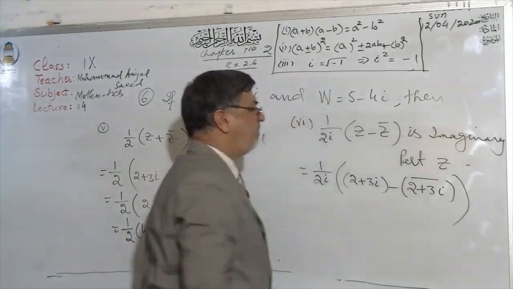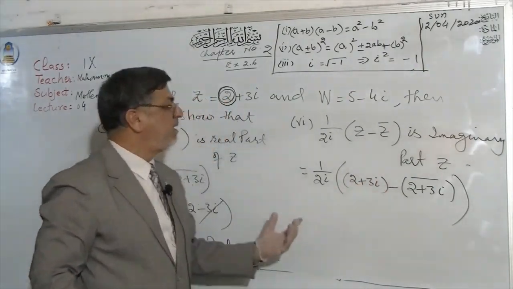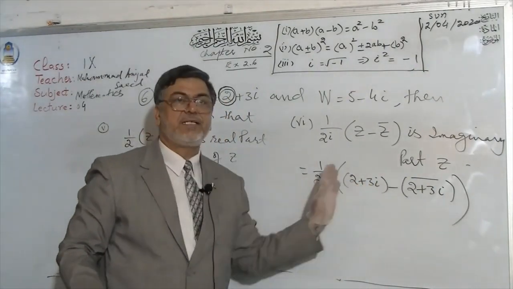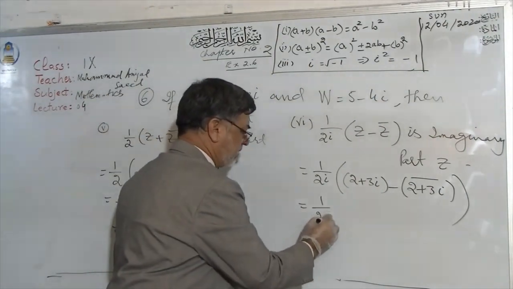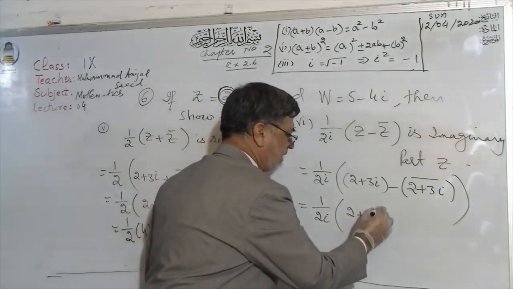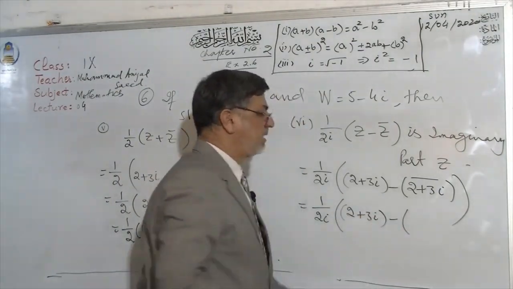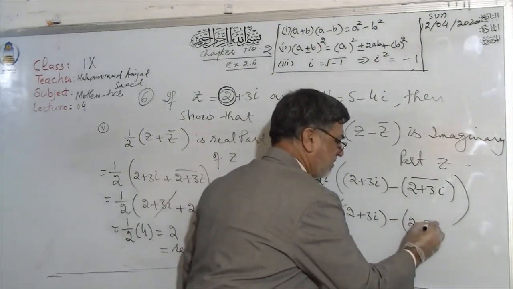Because there is a negative sign in the center, I have written these terms inside brackets. After that, 1 over 2 iota, now 2 plus 3 iota minus, applying the conjugate, 2 minus 3 iota.